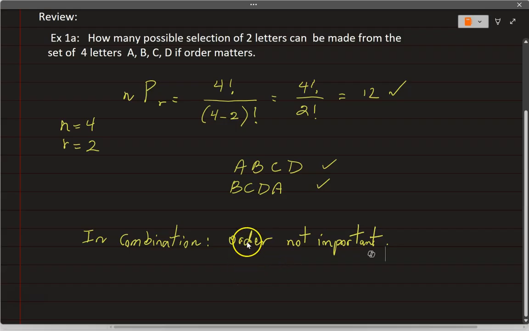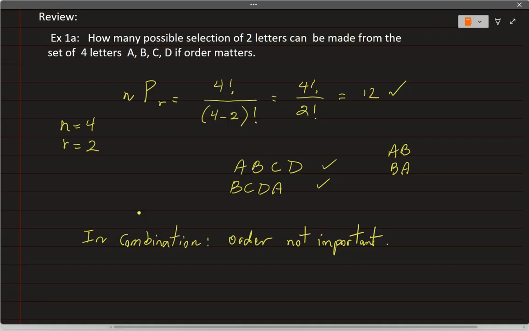Very good. So when you see this, you notice that once we get this total arrangement of selections where order matters, we have to undo or get rid of all the arrangements in which the order mattered, because in this case order doesn't matter. So how many ways the order mattered in here? Well, there are two letters, so AB will be different than BA, right?